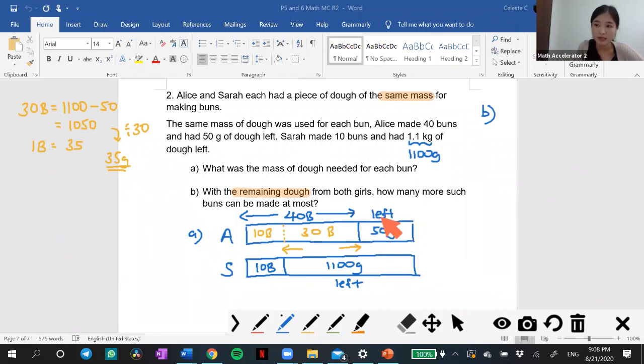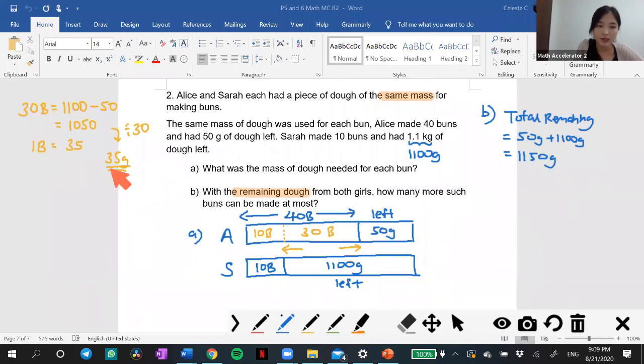So you have 50 grams left here and 1100 grams left. So for the total remaining, you have to add it up. Yes, good. Okay, so that would be this much.